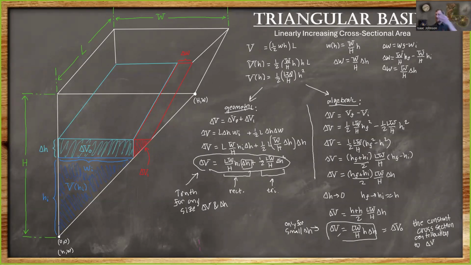Because deltas require 2 data points. These things we're calling differentials only require 1. So we start saying when we squeeze these things small, we're going to start using dV instead of delta V. I always think of it as a lowercase delta. The lowercase delta looks like a D. And then H times delta H.